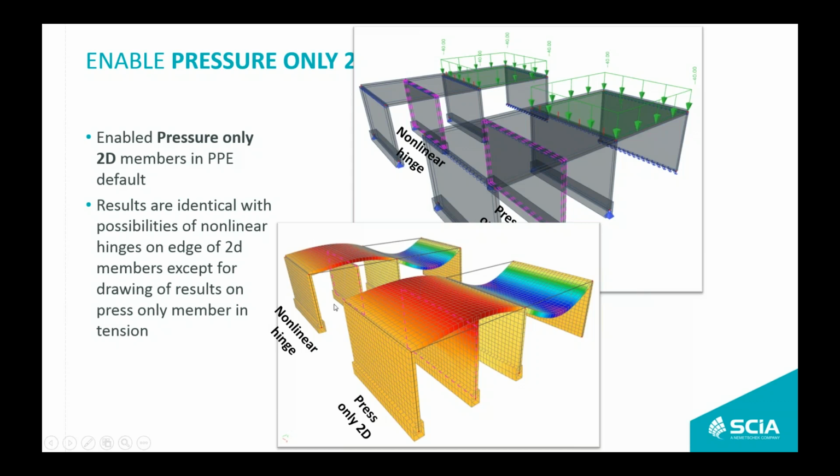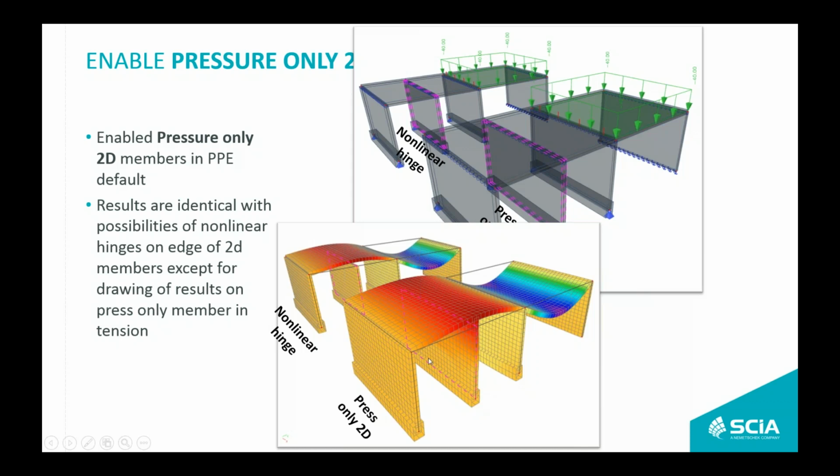If you use the nonlinear hinges that were presented in version 19.0, you will get quite nice decoupling between the wall and the slab if it is in tension, whereas with the 2D press-only element you will get just the correct behavior, but the element will have very little stiffness in tension, so it will basically show deformation like having no tensile stiffness at all.